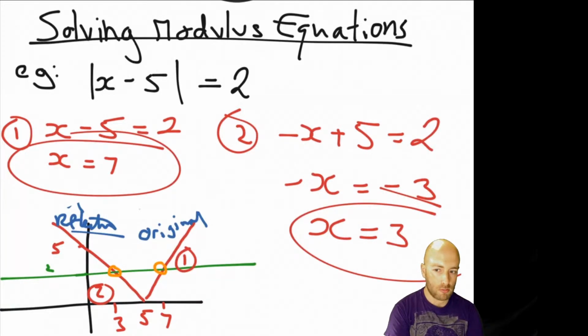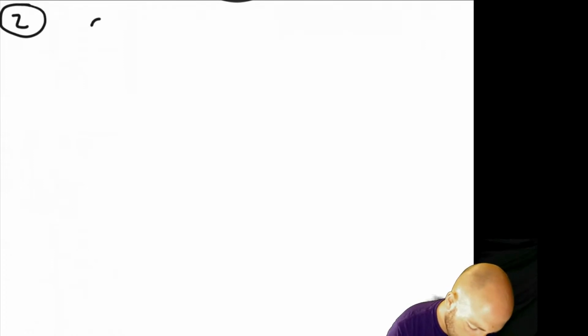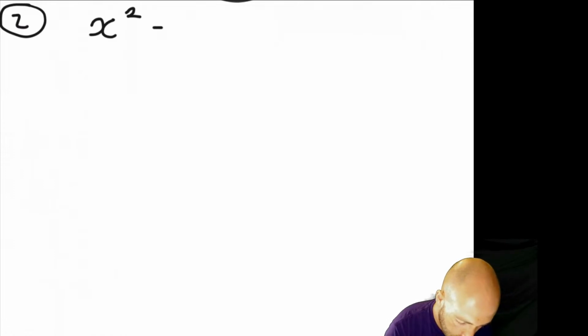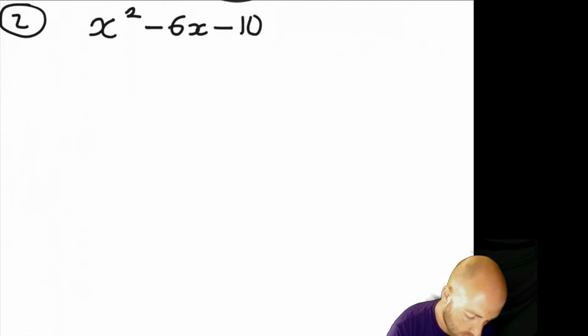Right, that was an easy one. It can get harder. So we're going to try another one. So let's have x squared... that equals... Should I make it really hard or not?